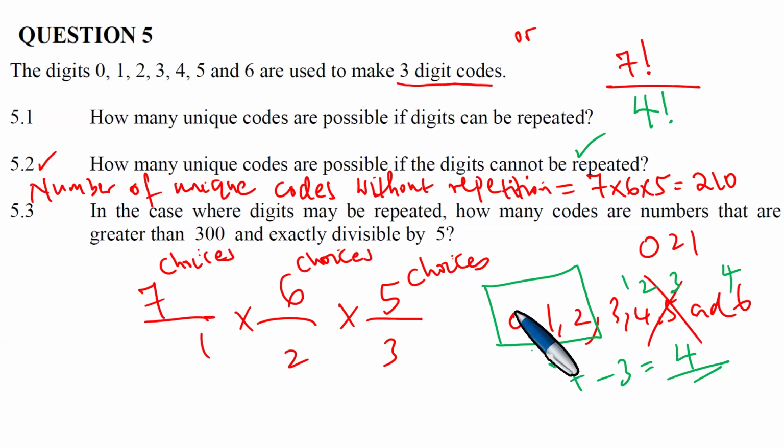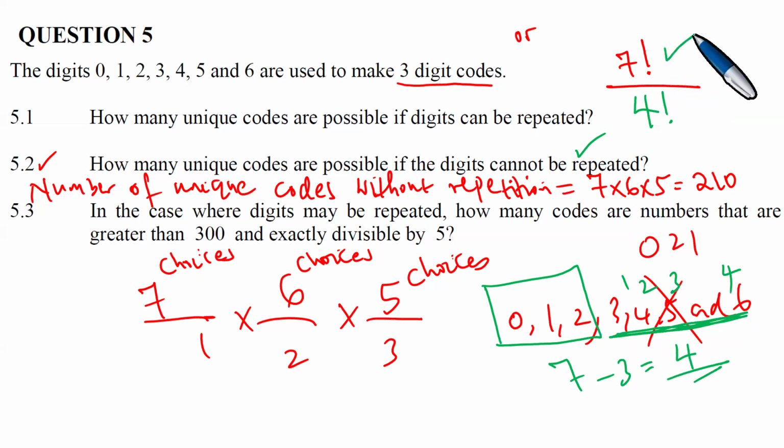If you have 1, 2, 3, then the other one is going to come from the group of the remaining ones. After you have 1, 2, 3 codes, you're left with 4 choices that can possibly be made.